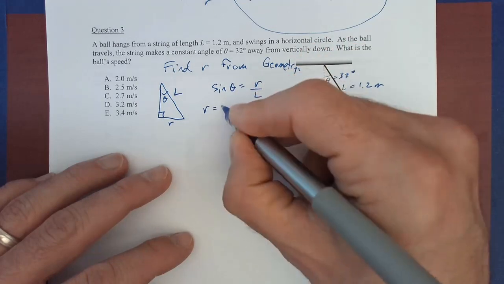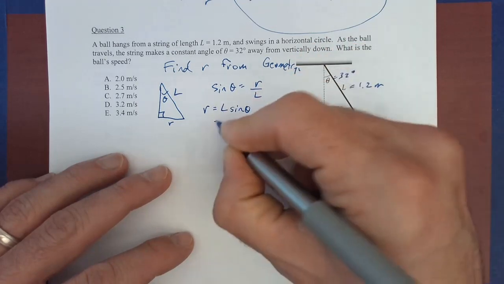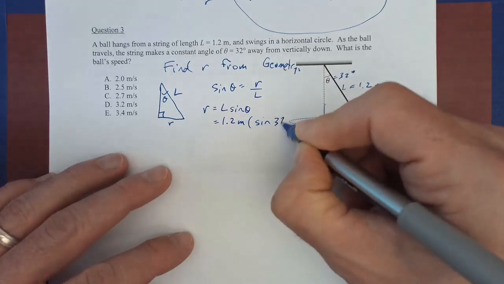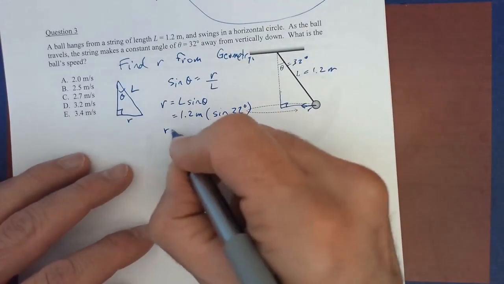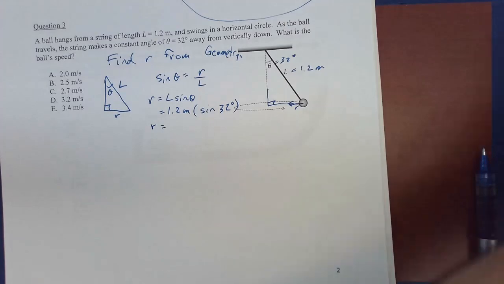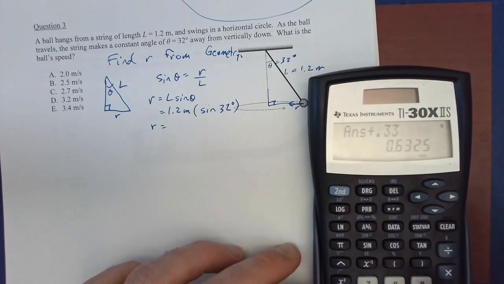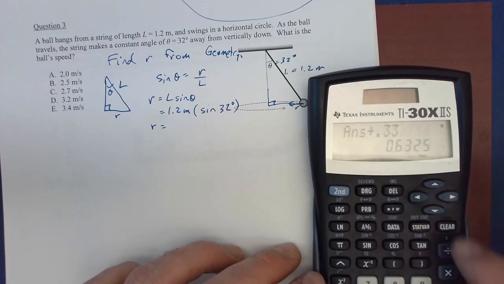So r is equal to L sine theta, 1.2 meters times sine of 32 degrees. I think that's going to be important later if we're going to find v squared over r, so we might as well find r here. Okay.